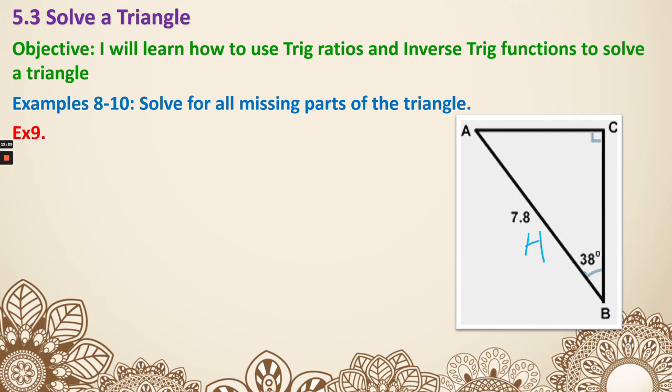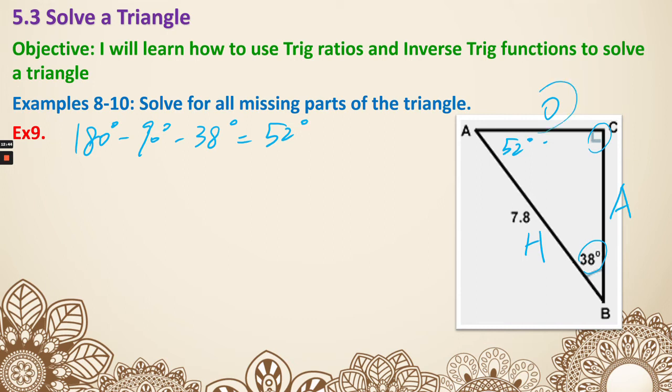So first, we already know that's 38 degrees, that's 90. So 180 minus 90 minus 38 will give us 52 degrees. The angles are very similar to example 8. So now I'm going to use the 38 degrees to find my opposite and my adjacent. So first, if I want to use opposite with the hypotenuse, I'm going to need my sine.